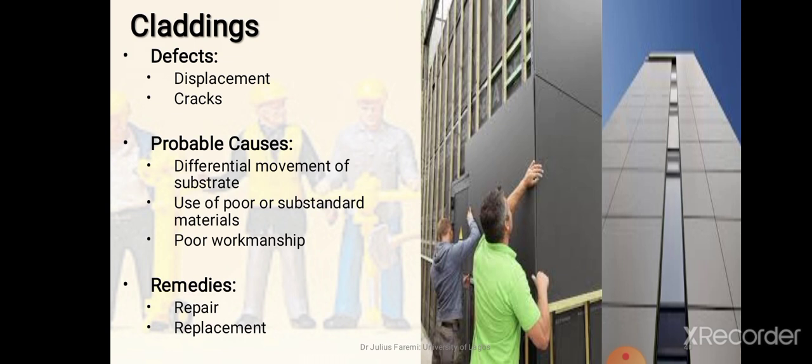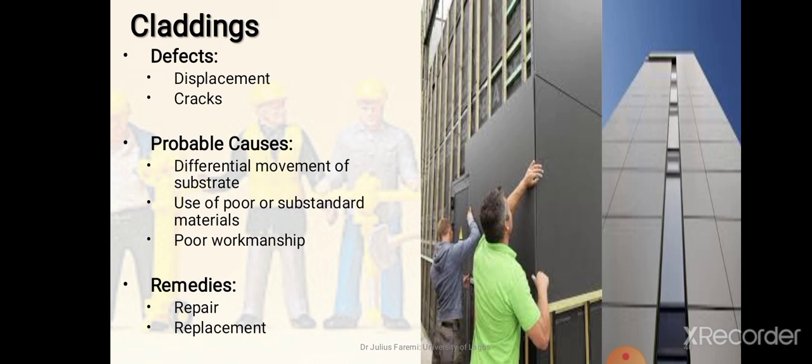It is important to state that the construction industry, within our local vicinity, is highly porous, and there are several substandard materials in the market. So it is important to note that the quality of cladding systems can only be achieved by using quality and standard materials.